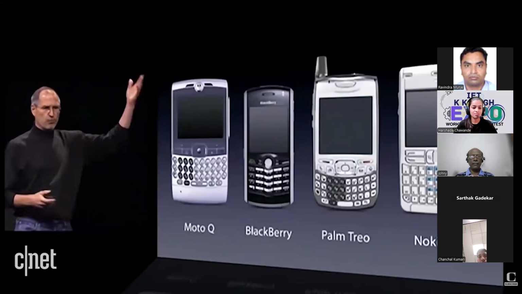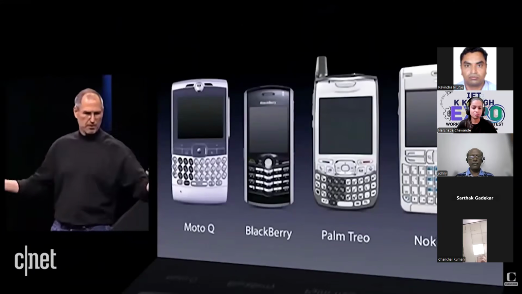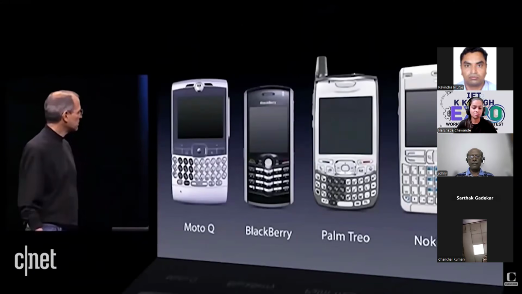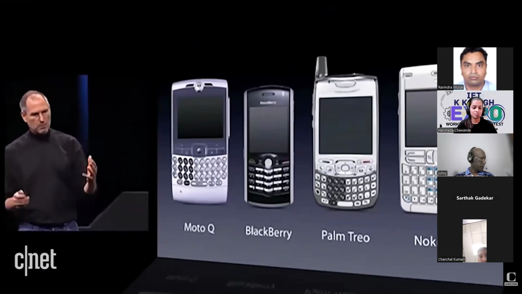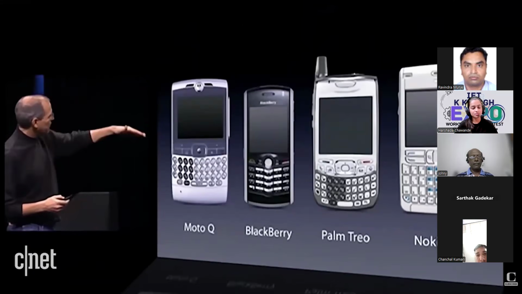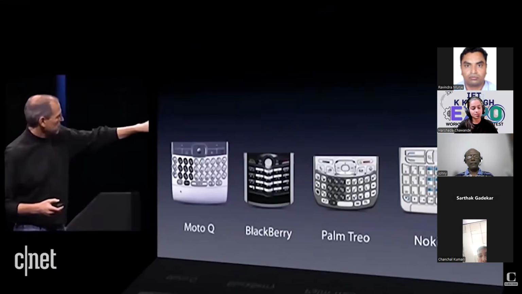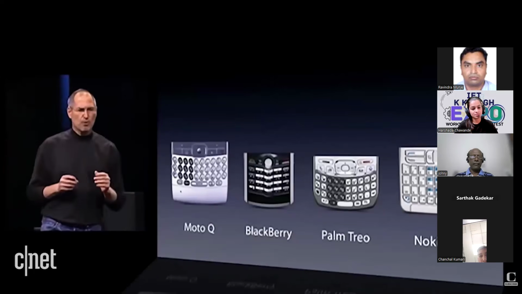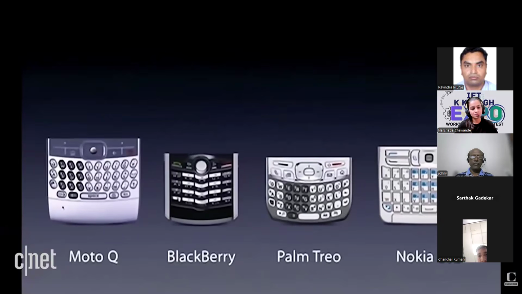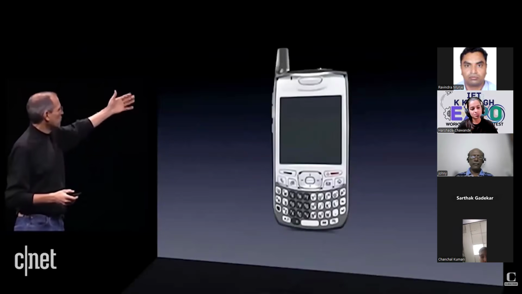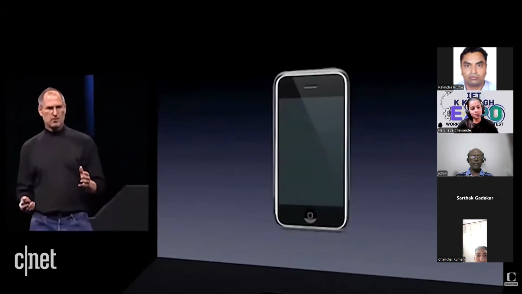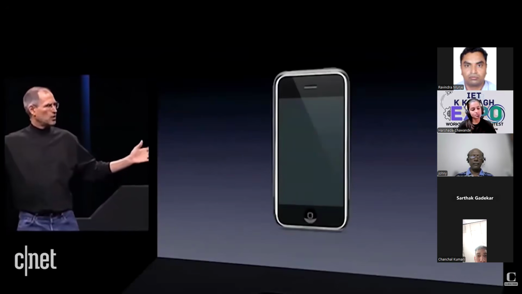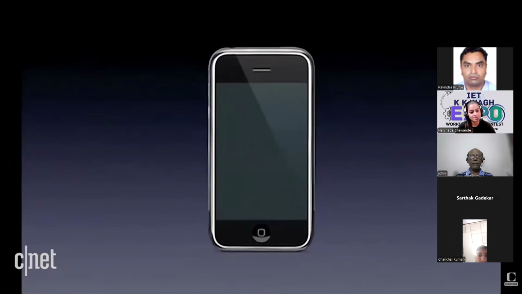I mean, here's 4 smartphones, right? Motorola Q, the BlackBerry, Palm Treo, Nokia E62, the usual suspects. And what's wrong with their user interfaces? Well, the problem with them is really sort of in the bottom 40 there. It's this stuff right here. They all have these keyboards that are there whether you need them or not to be there. So how are we going to take this to a mobile device? Well, what we're going to do is get rid of all these buttons and just make a giant screen. A giant screen. Now, how are we going to communicate this? We don't want to carry around a mouse, right?